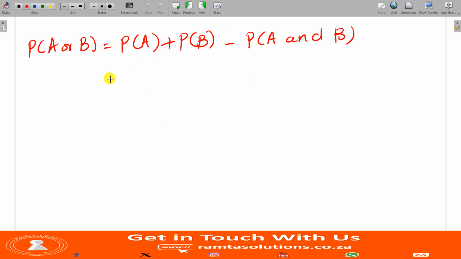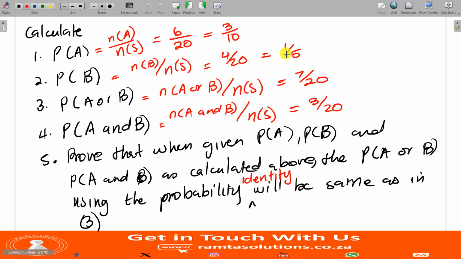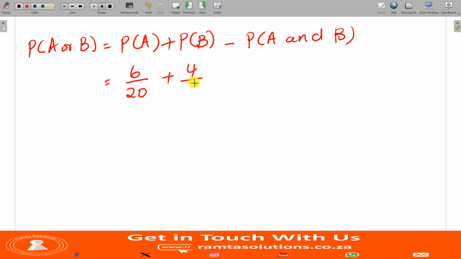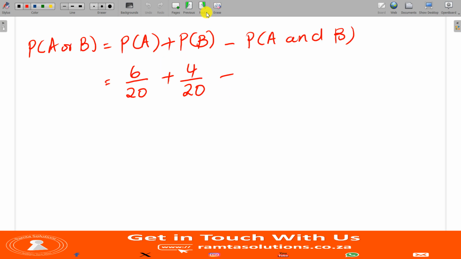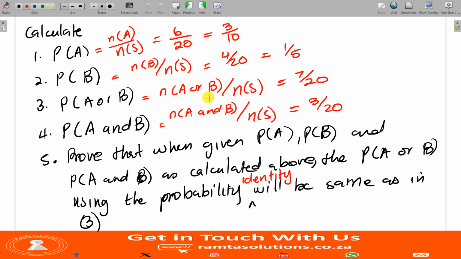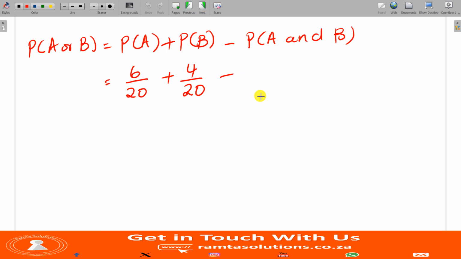In fact, let me take 6/20, because I'm lazy to take out my calculator. 6/20 plus the probability of B, which is 1/5, so let me take it as 4/20. Guys, even if you write the simplified answer, it's super okay. Minus the probability of A and B, which is 3/20. So what is our answer?